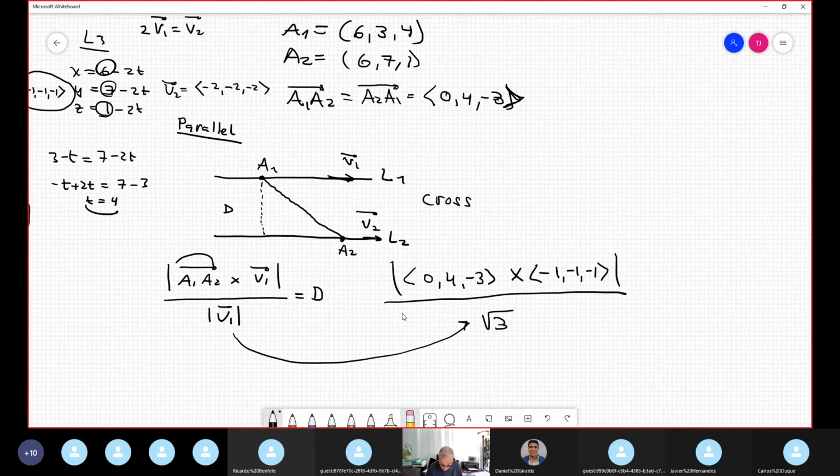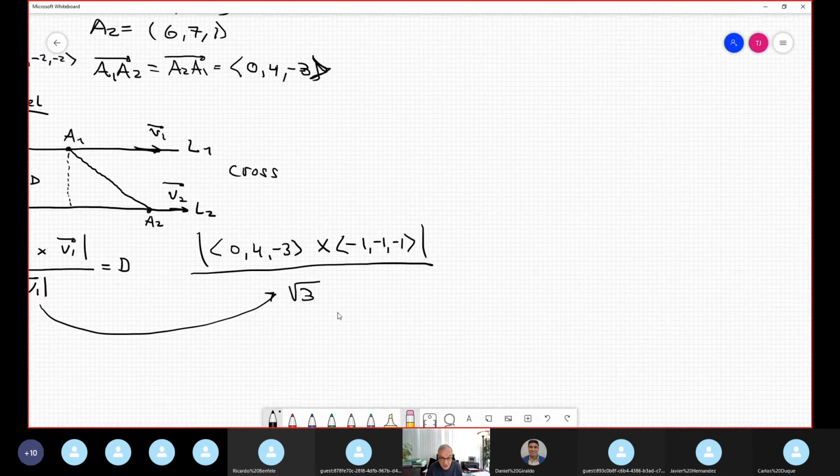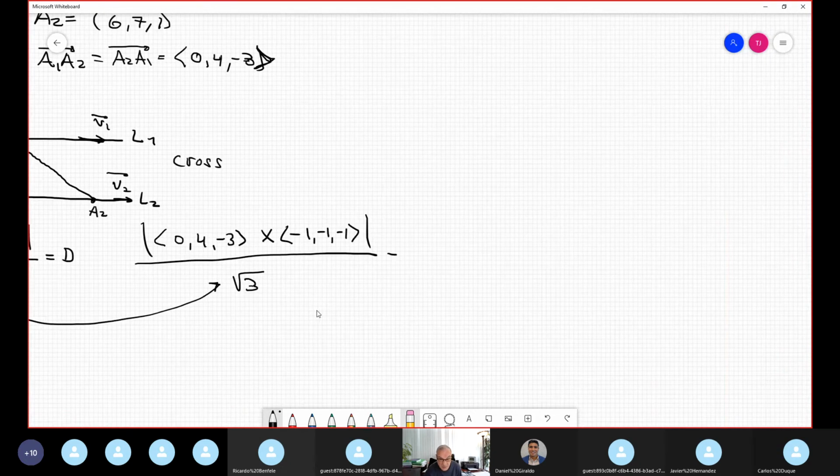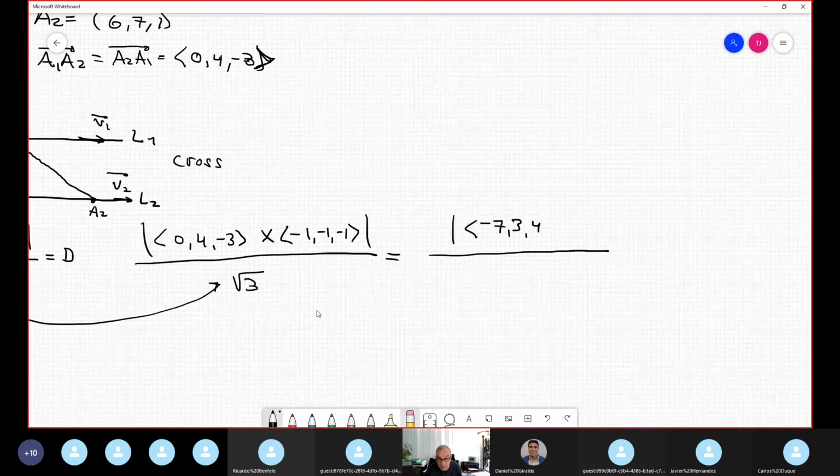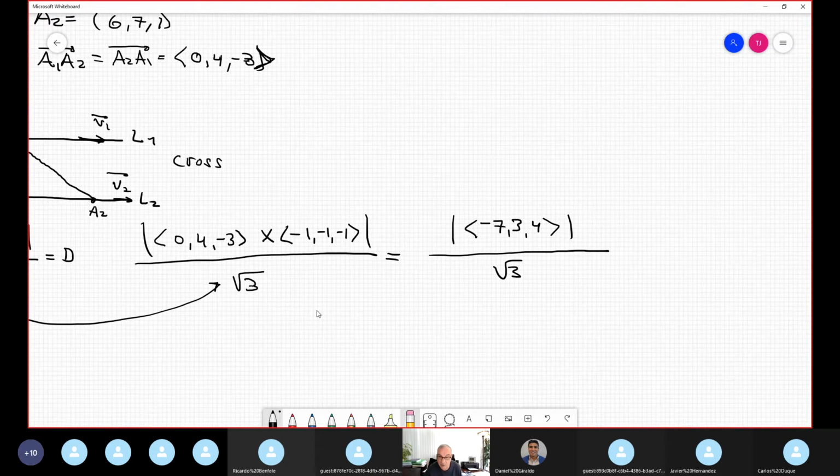Okay, entonces now, after when you compute the cross product, okay, this is a long way. I don't want to repeat this again. It's negative 7, comma 3, comma 4 divided by radical 3. And so you find the magnitude.